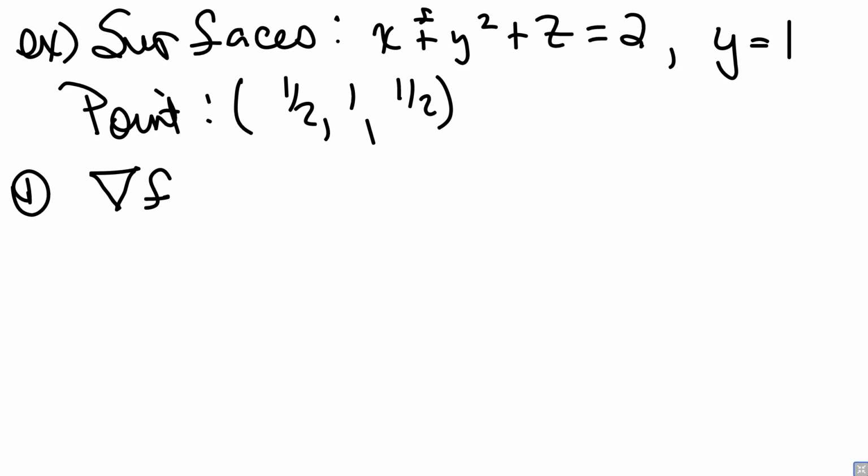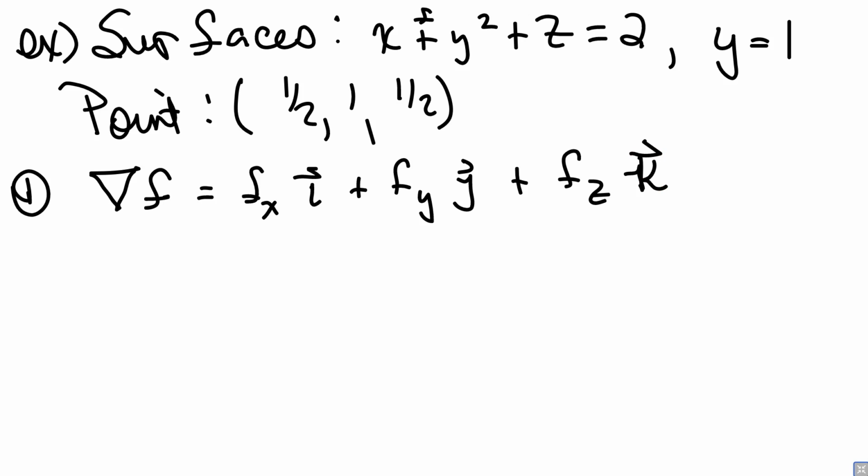If we do the gradient of f, that means that we need to find the partial with respect to x in the i direction, plus the partial with respect to y in the j direction, plus the partial with respect to z in the k direction. Okay, so what would be the partial with respect to x?